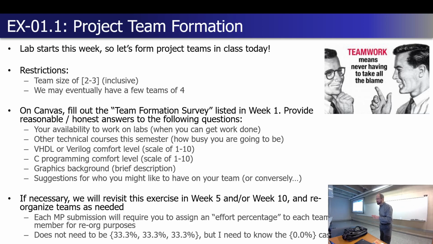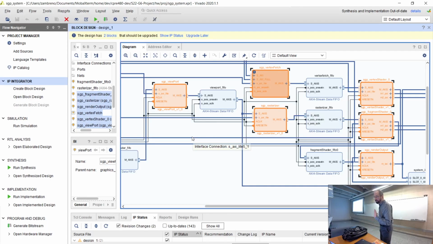The other nice thing about our infrastructure is that even starting in MP0, Vivado is the primary tool we are using. I'll be specific, I don't trust anything other than Vivado 2020.1.1, which is the version I have installed here. Everything should work in more recent versions, but I just haven't tested it, and I'm not going to support it if it doesn't work. You can definitely install that locally on your machine.